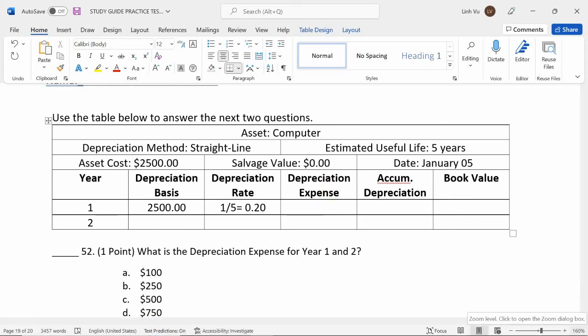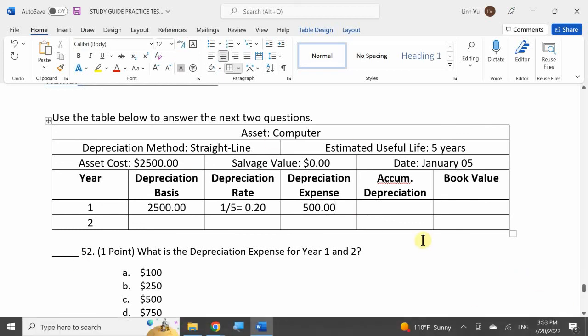Because you're going to take the basis of 2,500 and multiply by the rate of 0.2, which gives you 500. You depreciate for the whole year because you placed into service as of January 5th, meaning you're going to depreciate for the whole entire year.